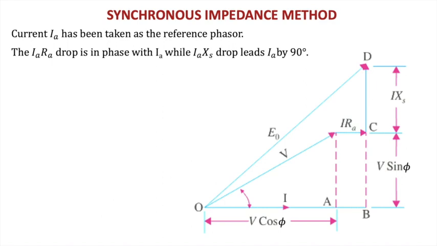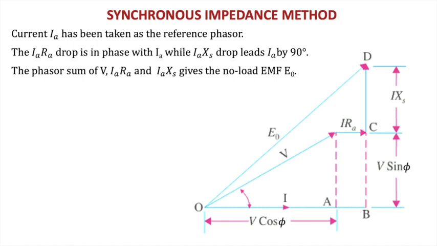Now here you can see the phasor diagram which has been drawn before also. This is for the case where the current is lagging the voltage by an angle phi. So V cos phi plus IRA drop gives the no load EMF.